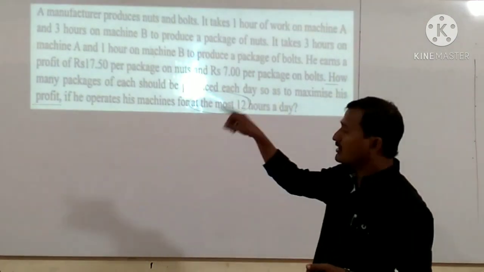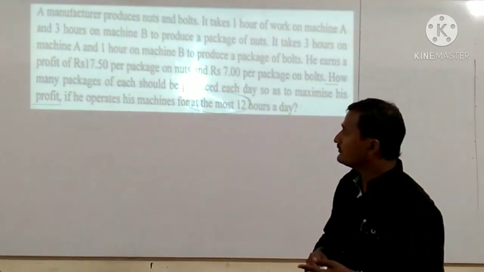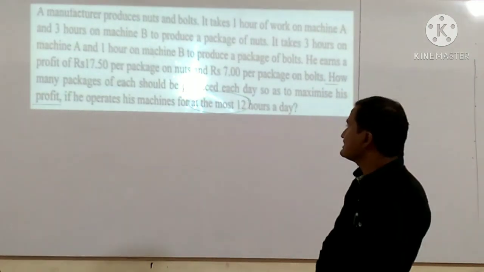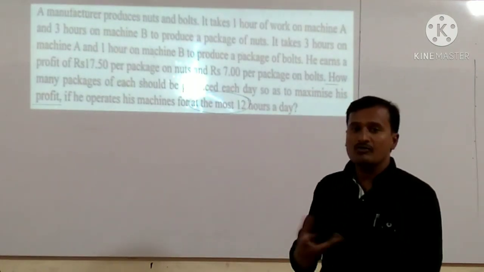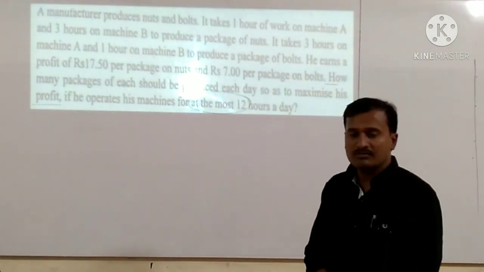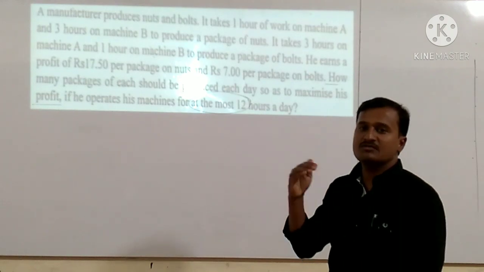He earns a profit of 17.50 rupees per package on nuts and 7 rupees per package on bolts. How many packages of each should be produced to maximize his profit?